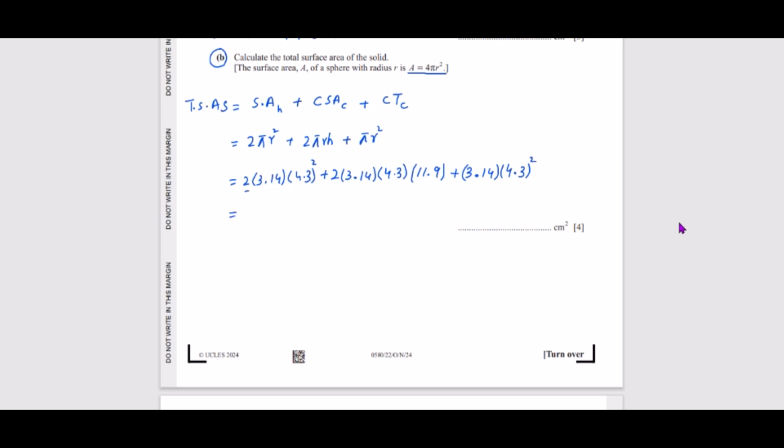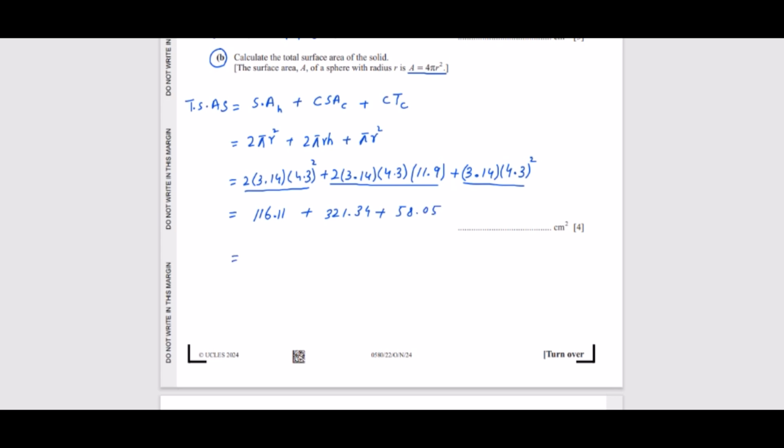So calculate these values, that is equal to 116.11 plus, calculate these values, that is equal to 321.34 plus these values, that is equal to 58.05.